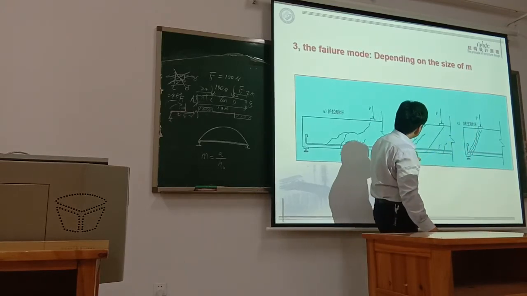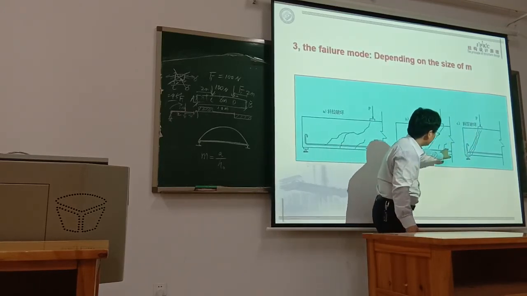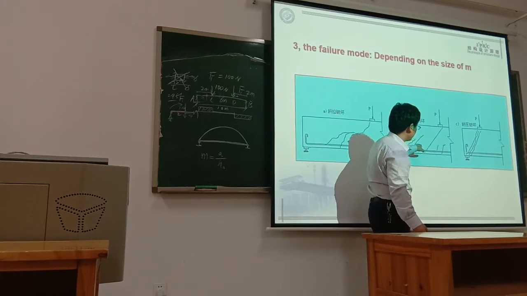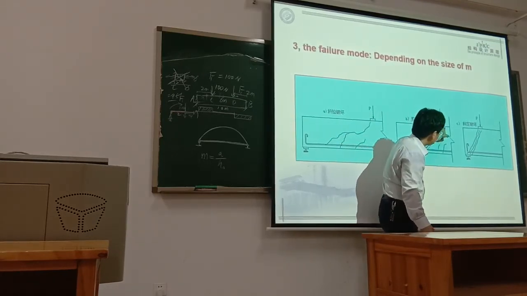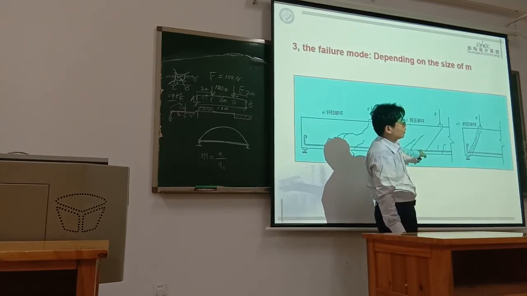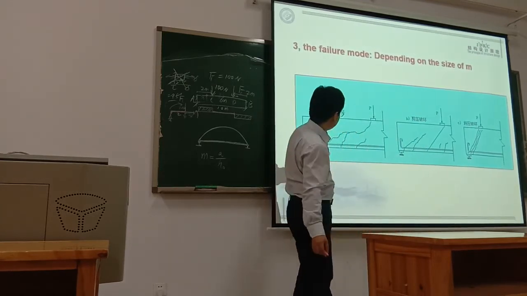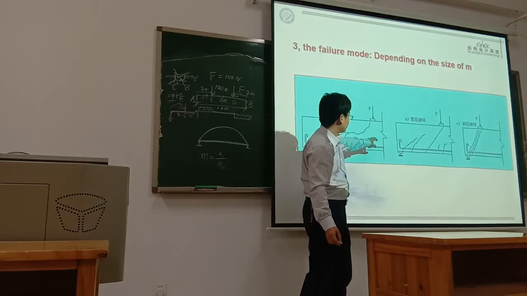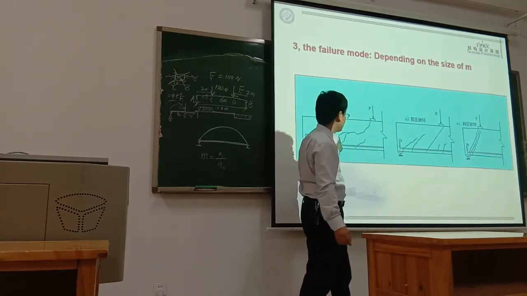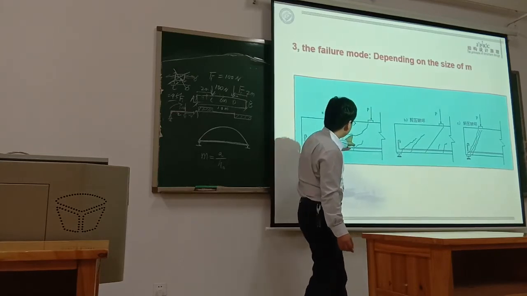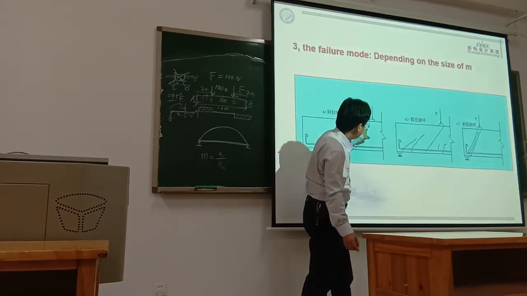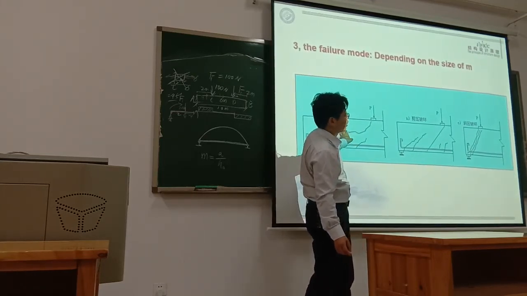For this one, the cracks are distributed along this part, and finally we get the main diagonal crack. In this one, the cracks are relatively smaller than in the previous one, and finally there is a main diagonal crack.